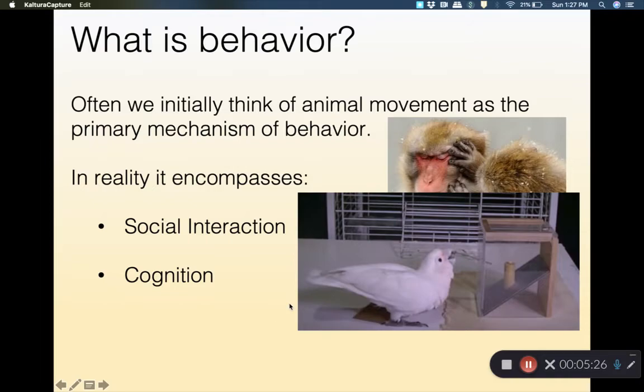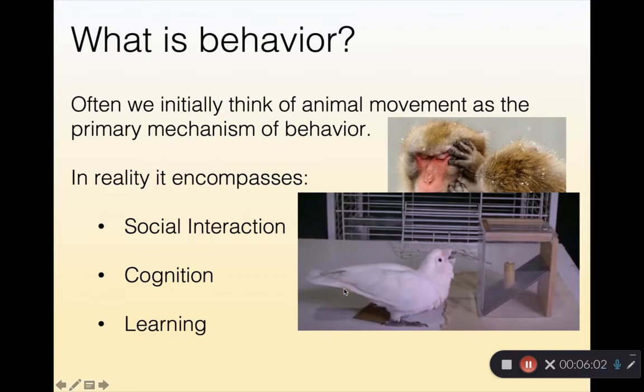And I included a video that I'd like you guys to watch. If you want to pause this lecture and go ahead and watch that, you can, of cockatoos actually creating a tool in order to get a treat out of this complicated box. So here you have evidence that the bird not only understands the challenge or the problem at hand, it's able to create a tool in order to process that problem.